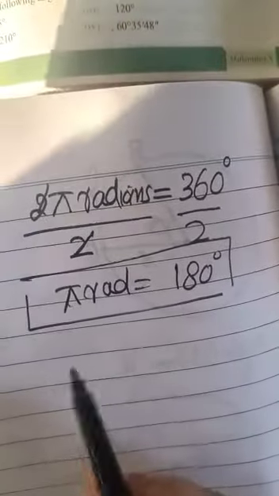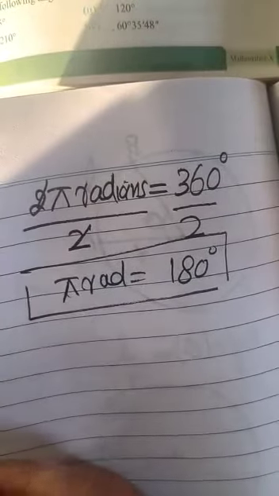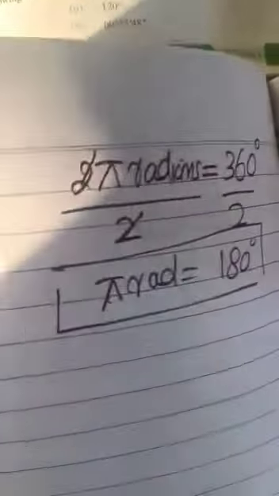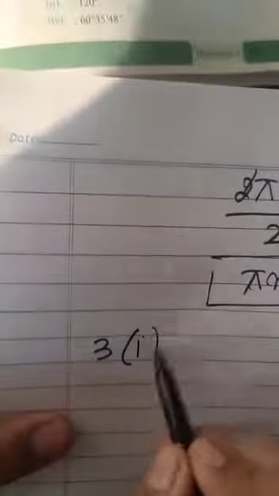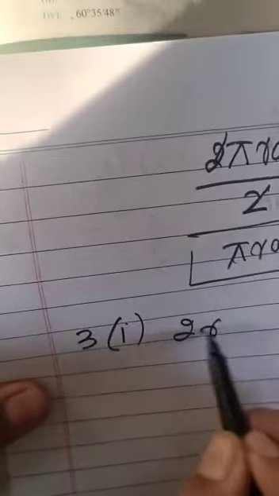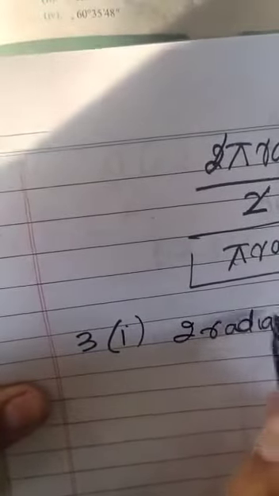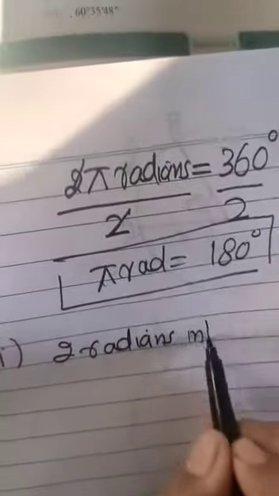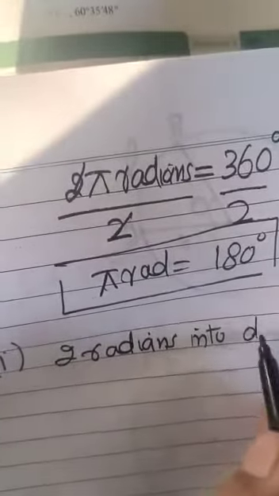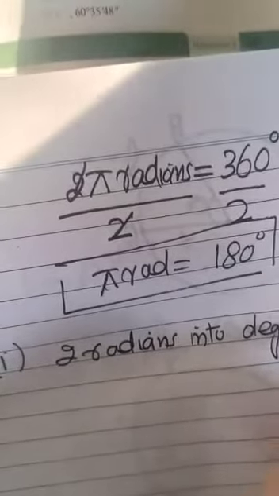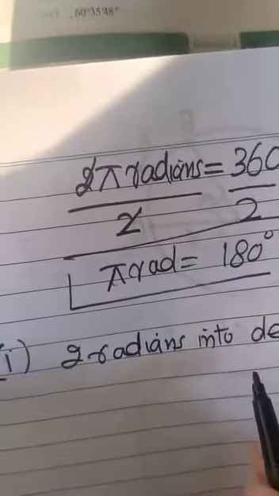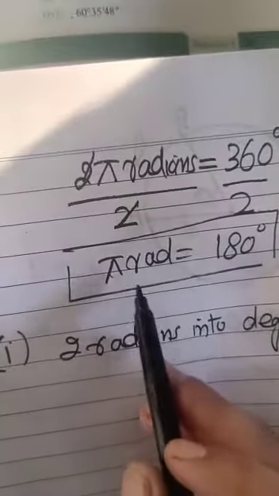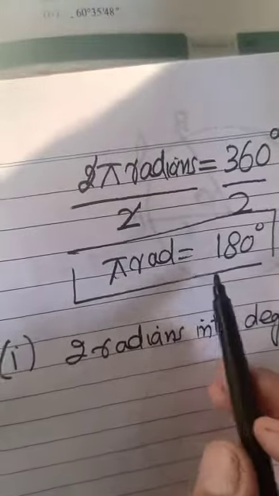Now we come to question number 3. I am going to write question number 3, part first. We will convert 2 radians into degrees. This is the question, 2 radians into degrees. Now to convert 2 radians into degrees, we have a formula: pi radians is equal to 180 degrees.